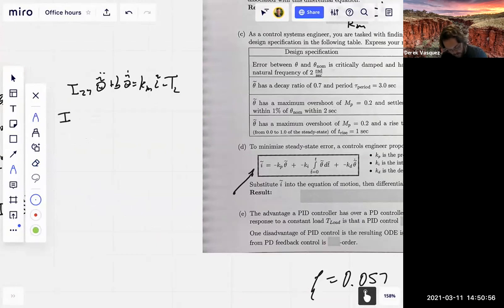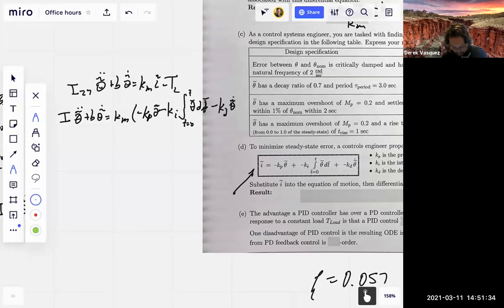So that means we've got I theta tilde double dot plus b theta tilde dot equals k_m times minus k_p theta tilde, minus k_i integral from t equals 0 to t of theta tilde dt, minus k_d theta tilde dot. Okay. Minus T_load.